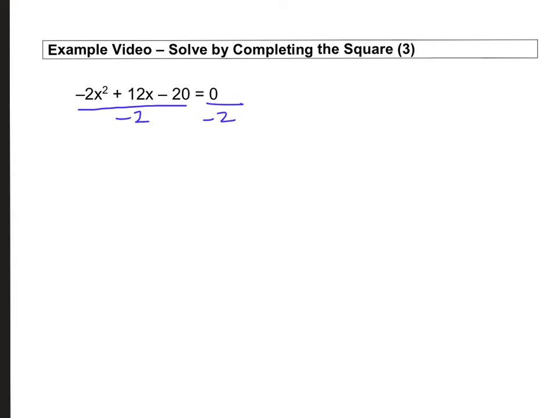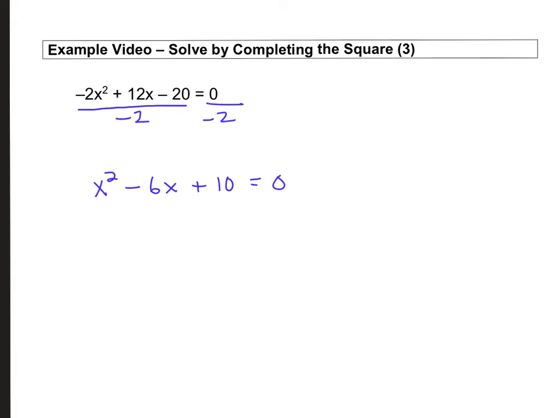So, -2 x squared divided by -2 is a positive x squared. 12x divided by -2 is a -6x. -20 divided by -2 is a positive 10. And then 0 divided by -2 is still just 0.